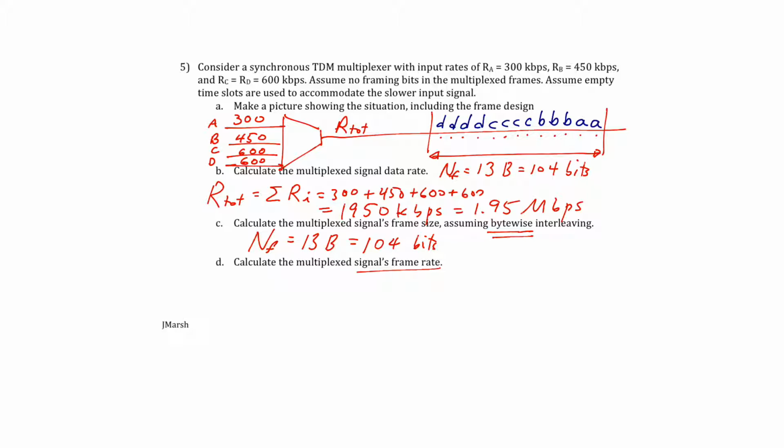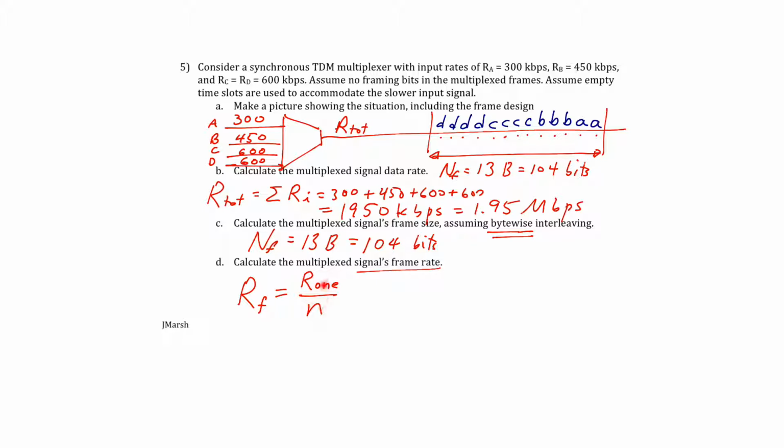Here's the interesting part, the multiplexed signal's frame rate. What we're going to do is calculate our frame rate, and if all the inputs had the same rate, it would be just R1 over N, where R1 is the bit rate of the input signals, and N is the number of bits per signal in a frame.